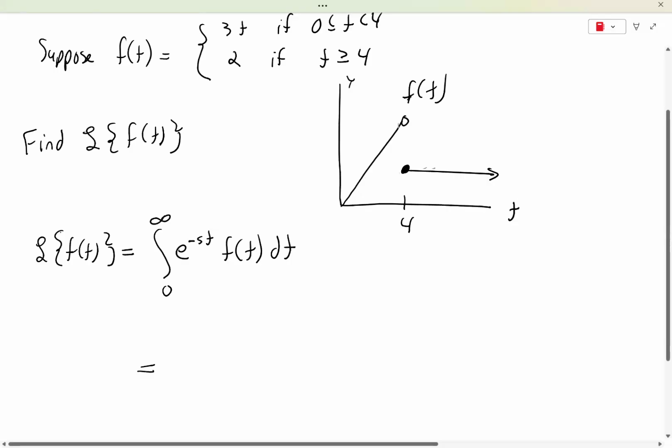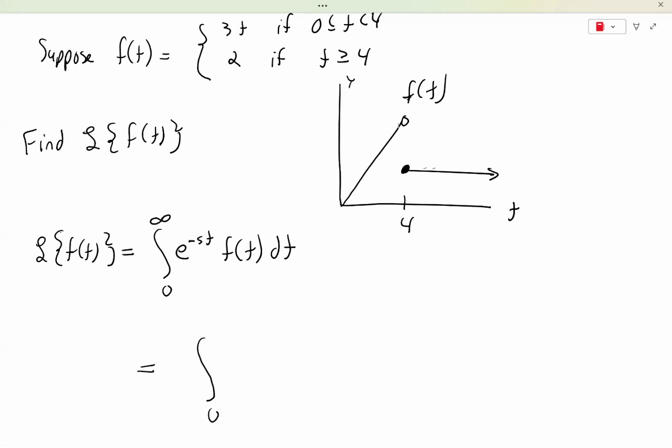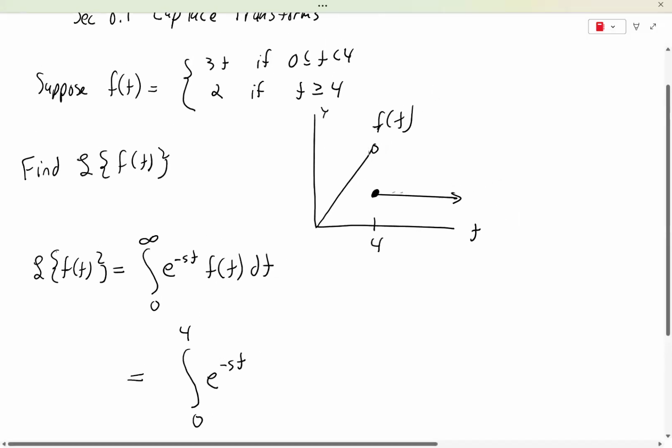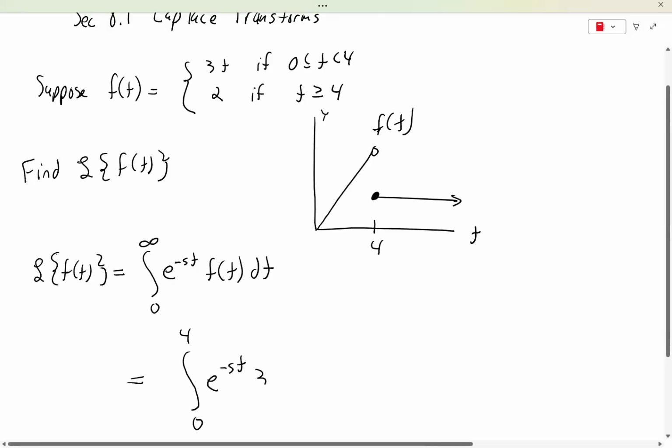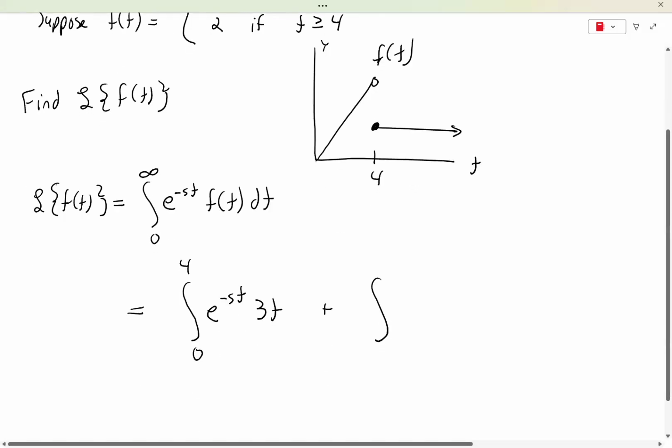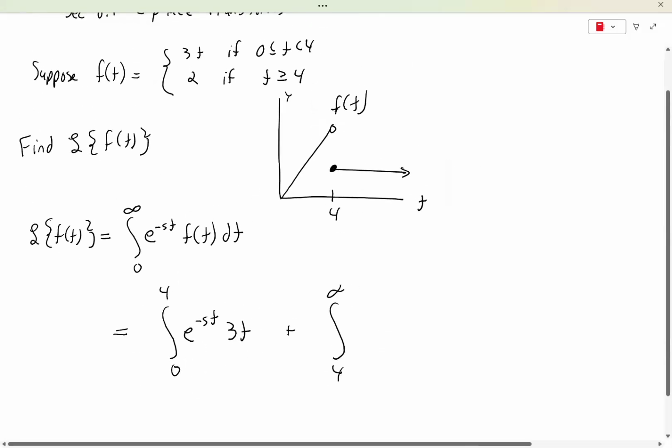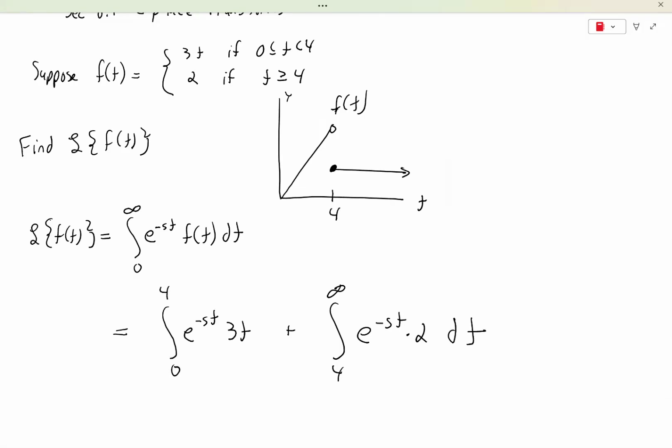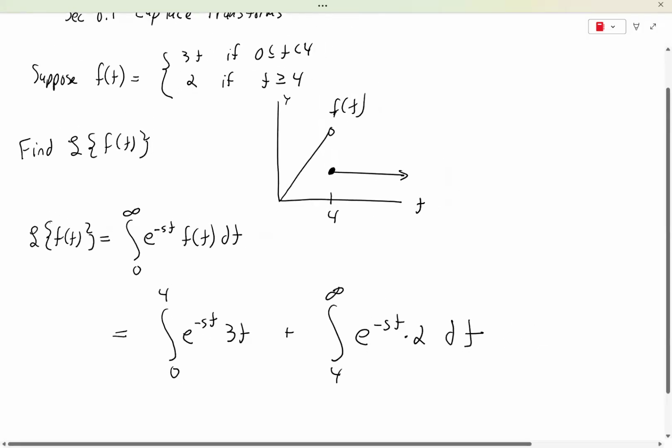So it's two integrals: first you go from 0 to 4, and on that section f of t is given by 3t. And then you integrate from 4 to infinity. So the Laplace transform would be given by this.